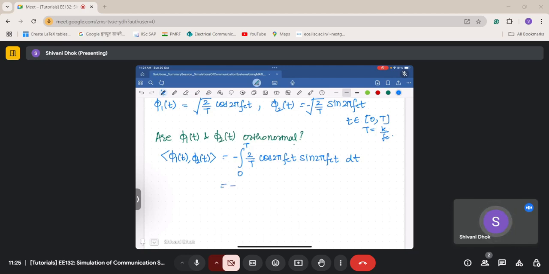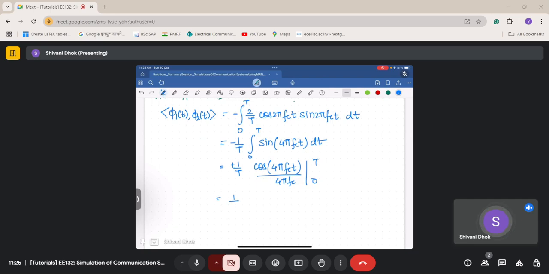So this will be equal to minus 1 by T integral 0 to T sin of 4 pi fc t dt, which is equal to minus 1 by T cos of 4 pi fc t upon 4 pi fc from 0 to T.